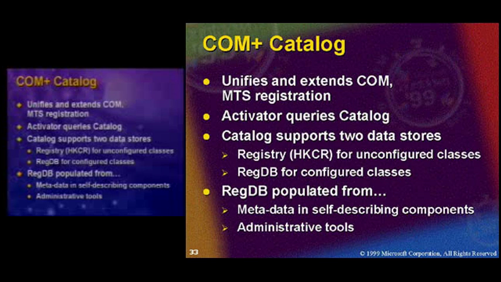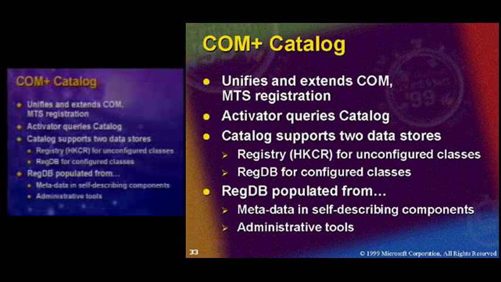The registry database is where the configuration information about the service attributes that you want is stored. And if you went to the admin talk earlier today, you may have heard more about the process of creating those attributes and how they get stored. The admin tools are available today for creating the RegDB and the information in there.